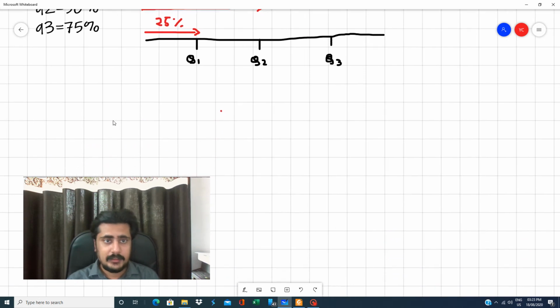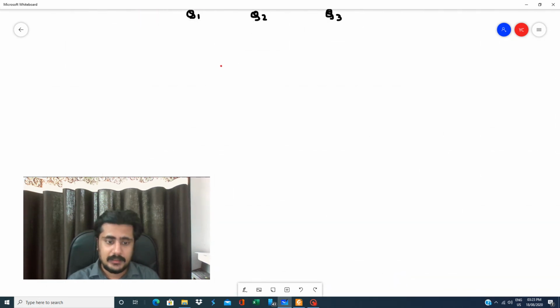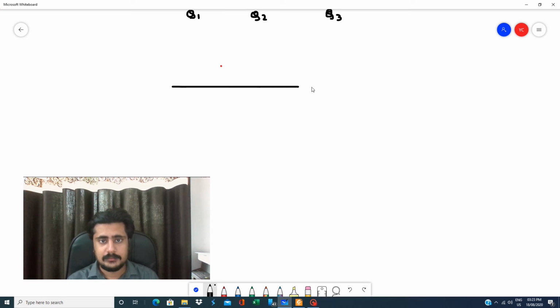In the same way, there must be a logic in decile, so I'll be teaching you that logic also. Suppose this is the line of decile. Decile means they are going to make 10 parts.